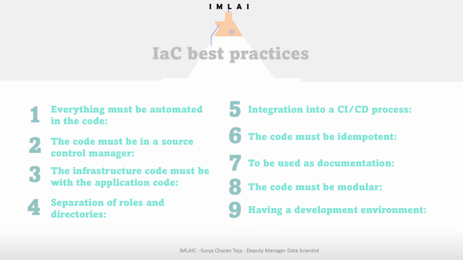Of course, the full list of good practices is longer than the list that I have just shown you. All methods and processes of software engineering practices are also applicable.